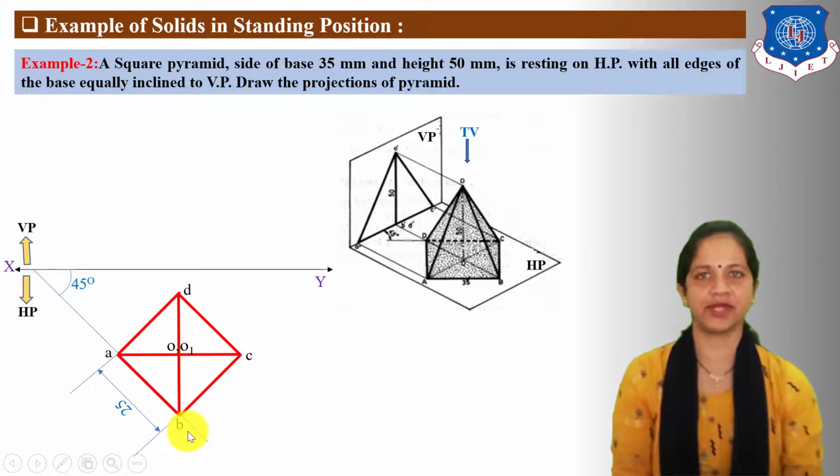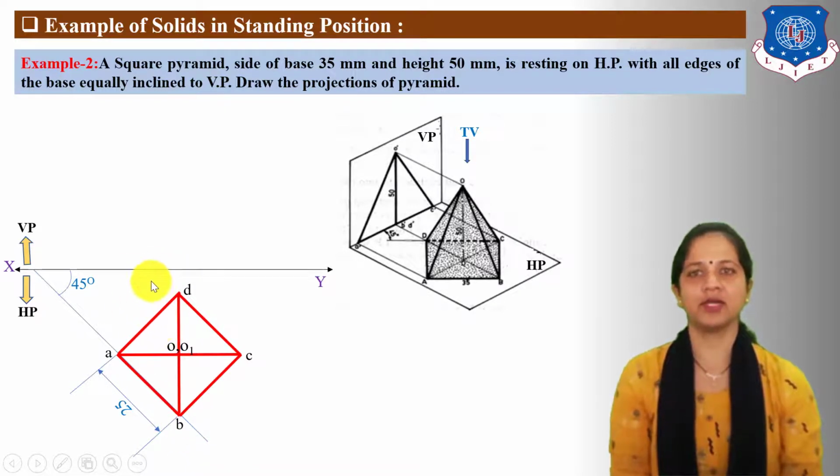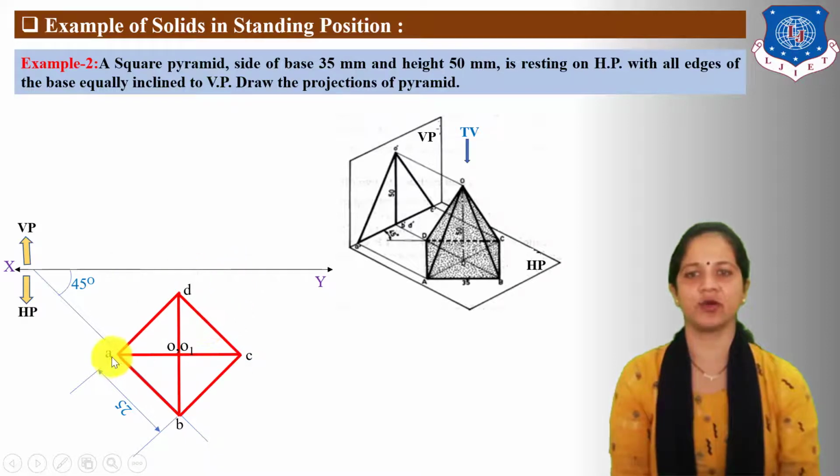Next, project the front view. Now in orthographic projection for the front view, the position of the observer is below the top view. So take upward projections from all base corner points A, B, C, D as well as O and O1 points.